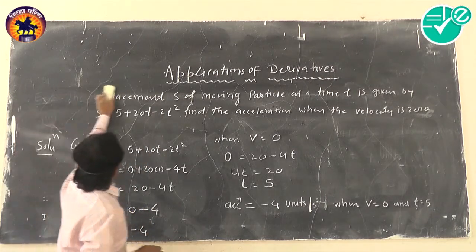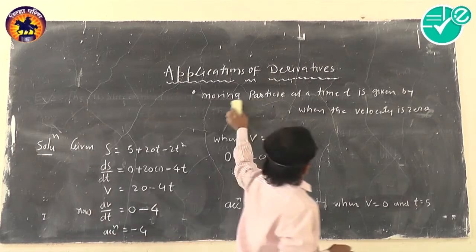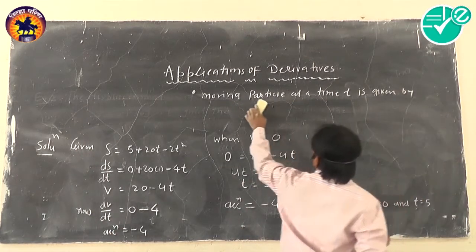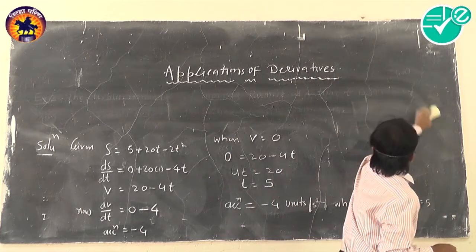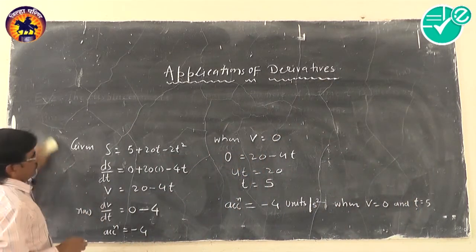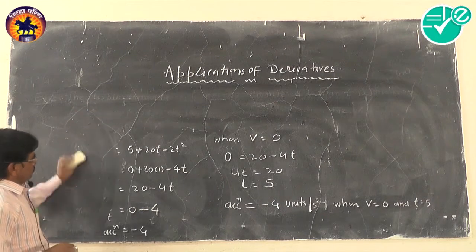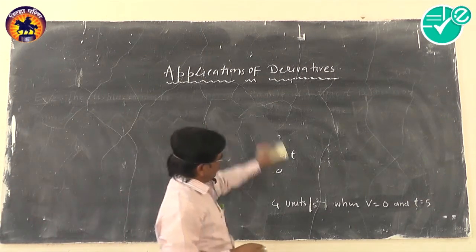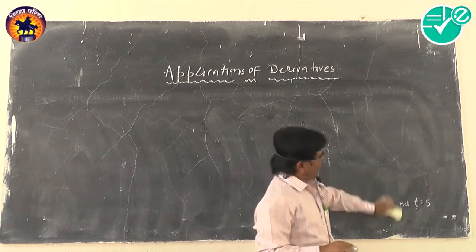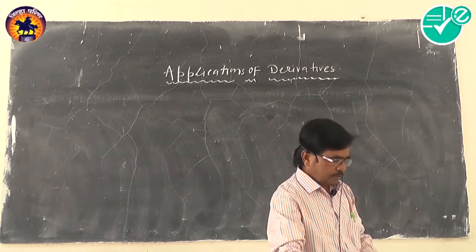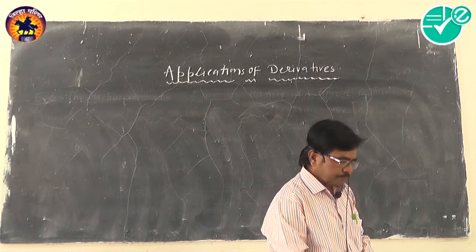That is the second example. Now take another example on equation of tangent and normal.